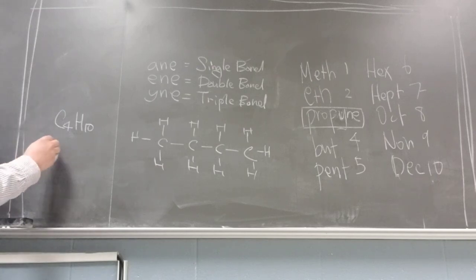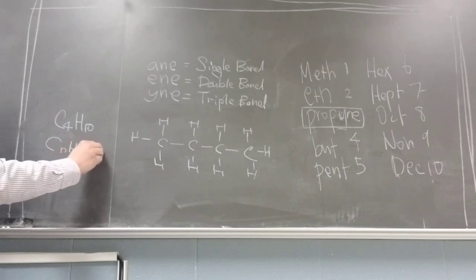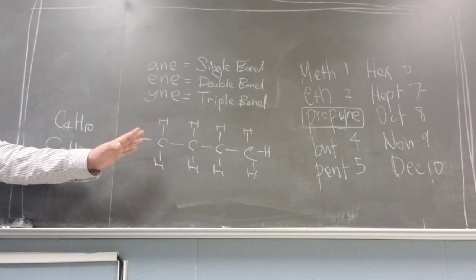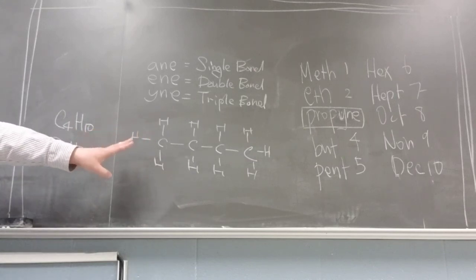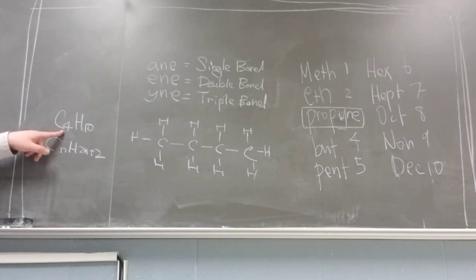Because we follow the CnH2n+2 rule. So if there's no double or triple bond, if you know how many carbons are there in the organic compound, because the n stands for the number of carbons, which is 4, right?